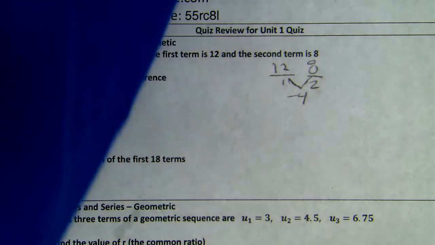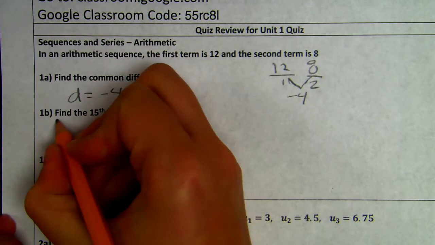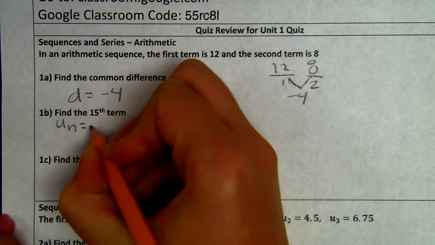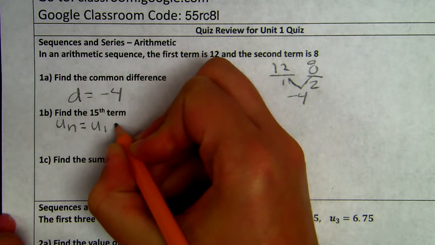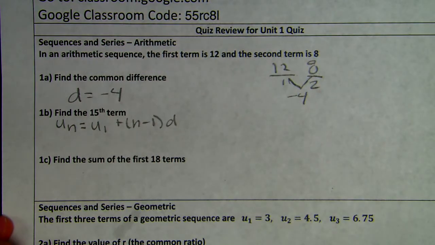Next, I have to find the 15th term, which is a lot. So feel free to write it out if you want to. I think it takes a lot less effort if you use your formula, of course. So our formula is u sub n equals u sub 1 plus n minus 1 times d. Let's write out what we know.